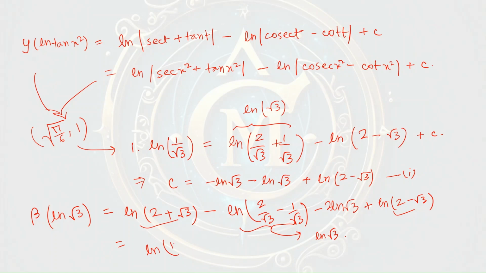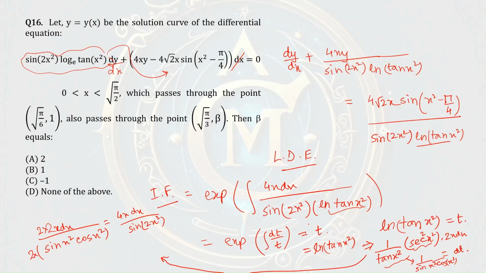So 4 minus 3 is log 1, plus this will become log root 3 minus 2 log root 3, so minus log of root 3. So this becomes 0 as log 1 is 0. So we simply get beta is equal to minus 1. That means beta is equal to minus 1. So option C is the correct option.